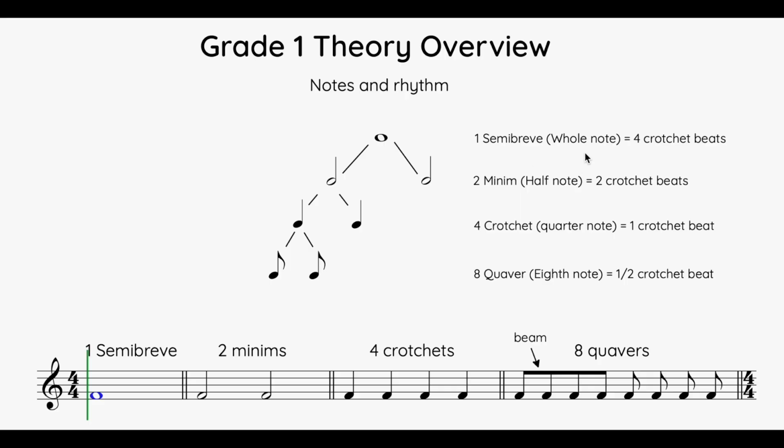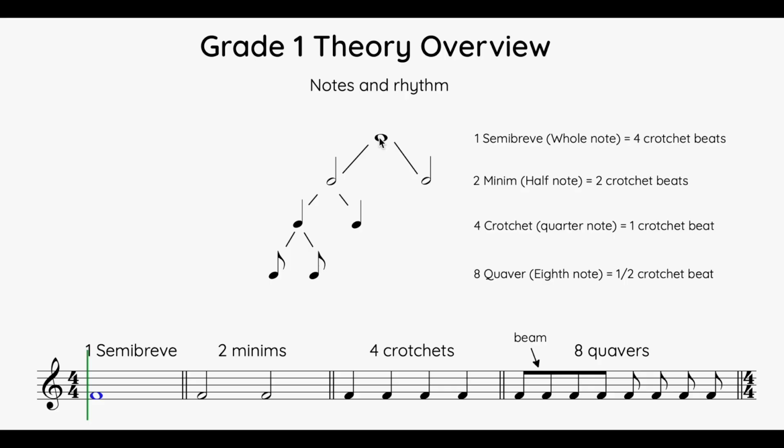These are more modern descriptions of these older Latin terms. So this one's called a semibreve. And then what we have here is the semibreve divided into two minims. So this minim lasts half as long as this semibreve.